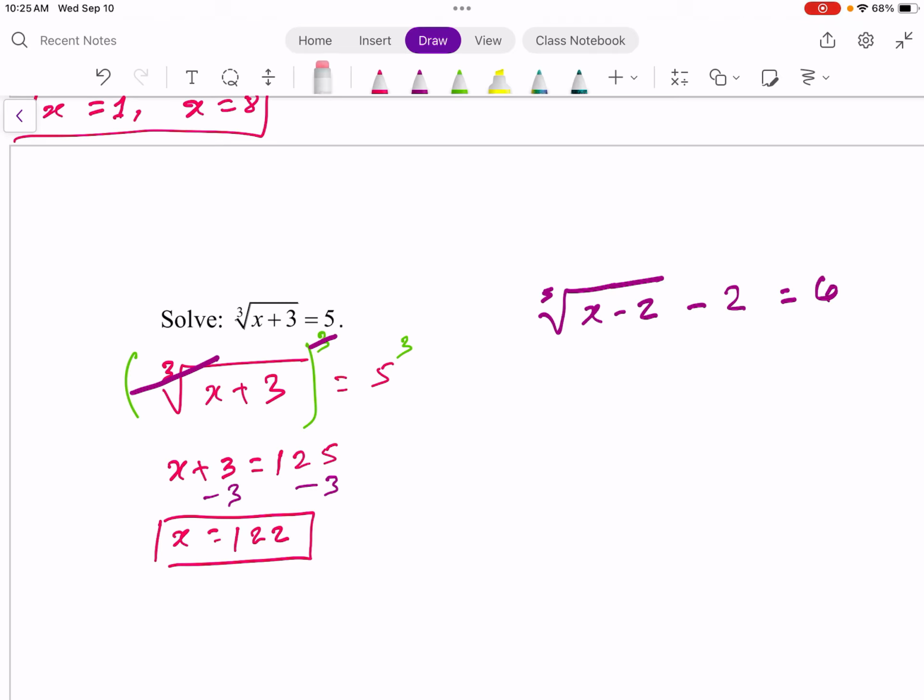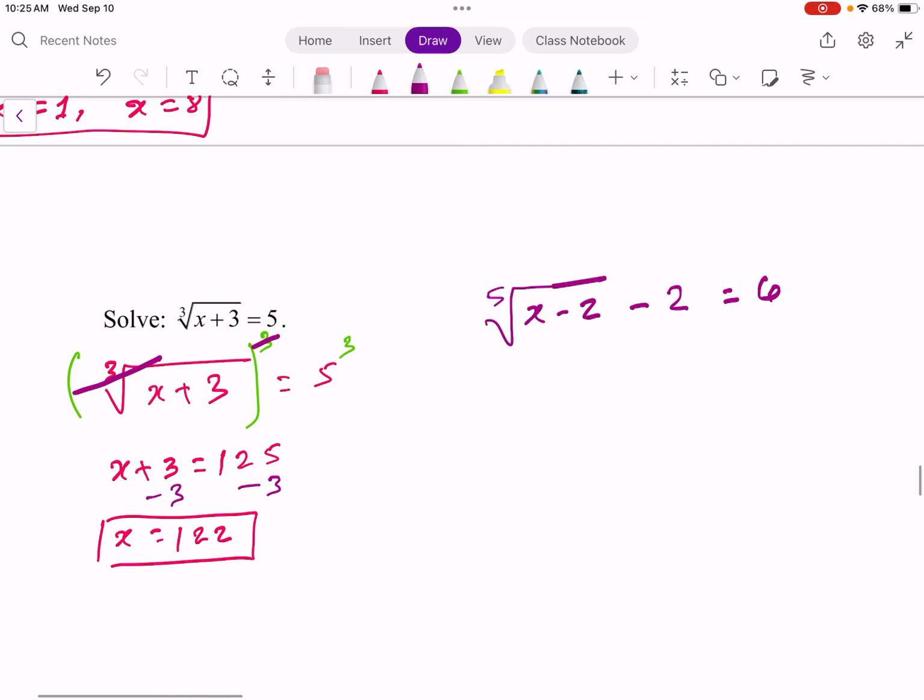So this is one more example here, and we have a fifth root. First step, we get rid of this negative 2 from the left side, right? So you add 2 on both sides. So we have the fifth root of x minus 2 equals 8.